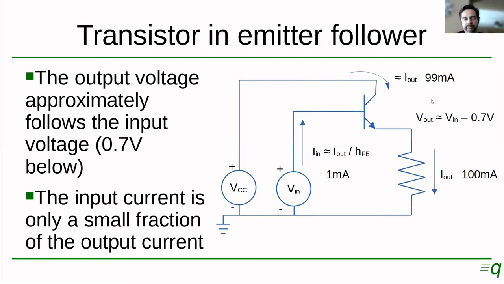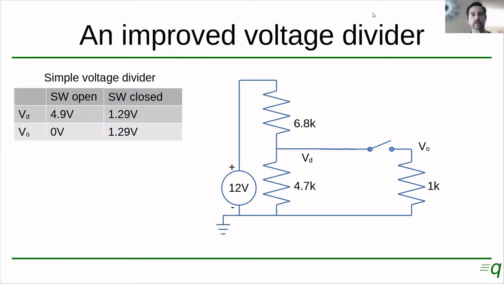So this is going to be about 99 milliamps. So let's see how we can use the circuit that we just saw on the previous slide to improve the old voltage divider that we studied several classes ago. Let's consider this circuit here with a 12-volt supply and a voltage divider provided by these two resistors, 6.8 kilo ohms and 4.7 kilo ohms.